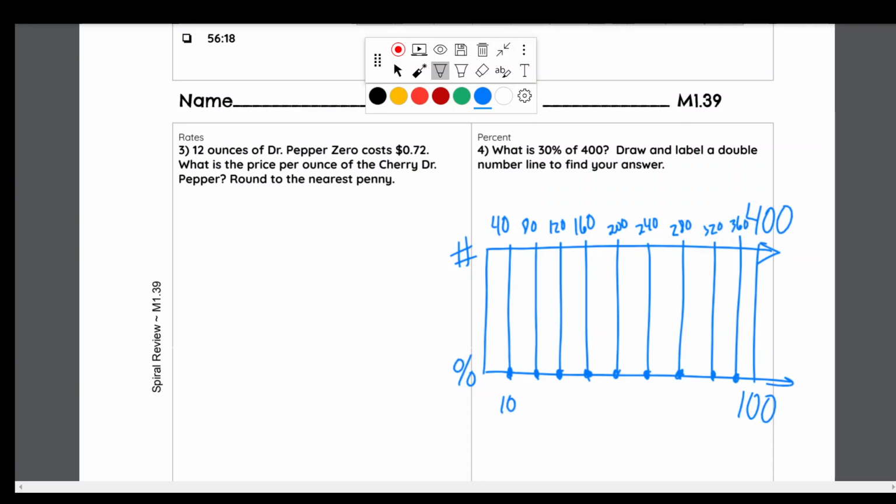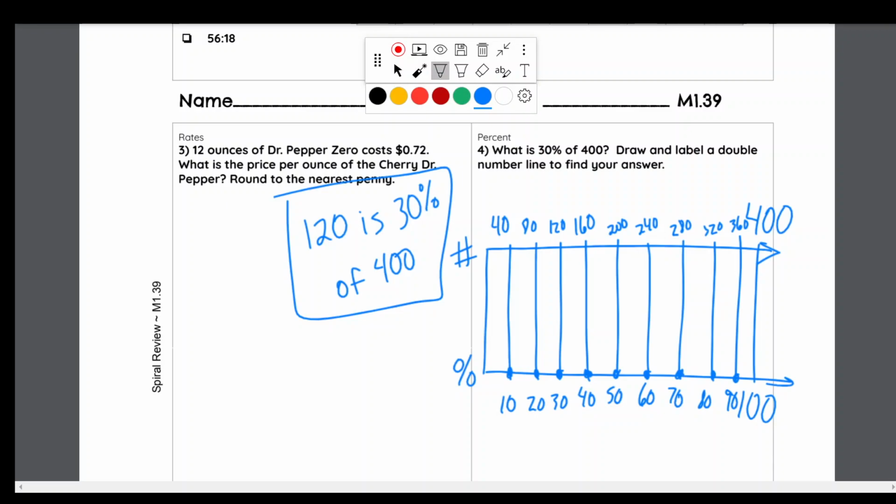Count by my percents: 10, 20, 30, 40, 50, 60, 70, 80, 90. And 30%, 120, is 30% of 400. And that concludes this little review.